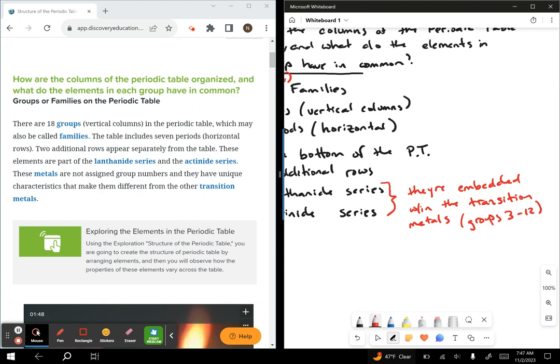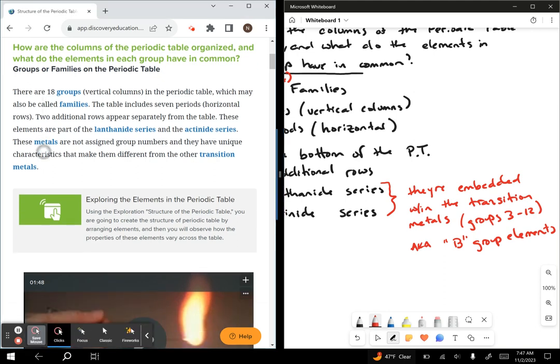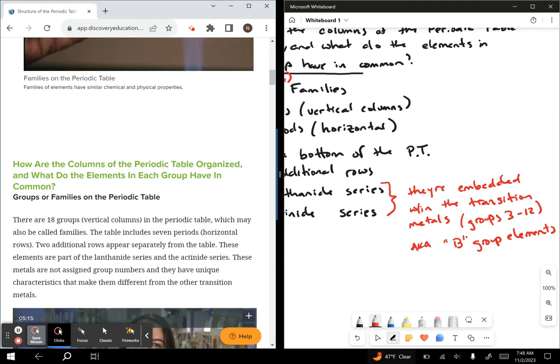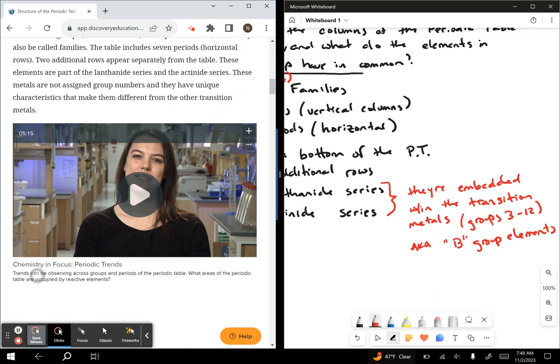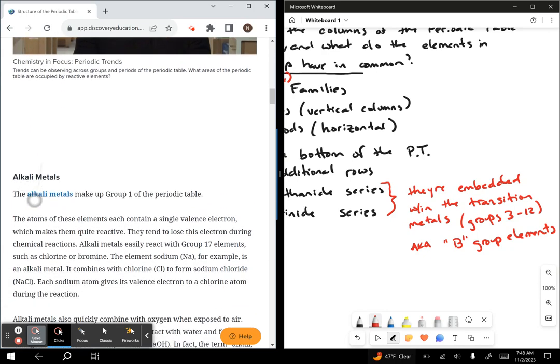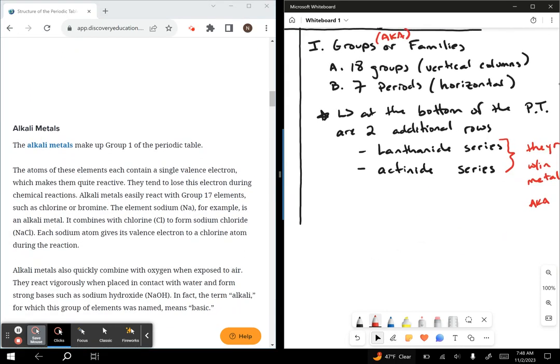What we would call in US terminology the B group elements, if you're talking about the American nomenclature. All right, so moving on here. And then there is a repeat. Sometimes that happens. So we're going to jump right into our alkali metals.